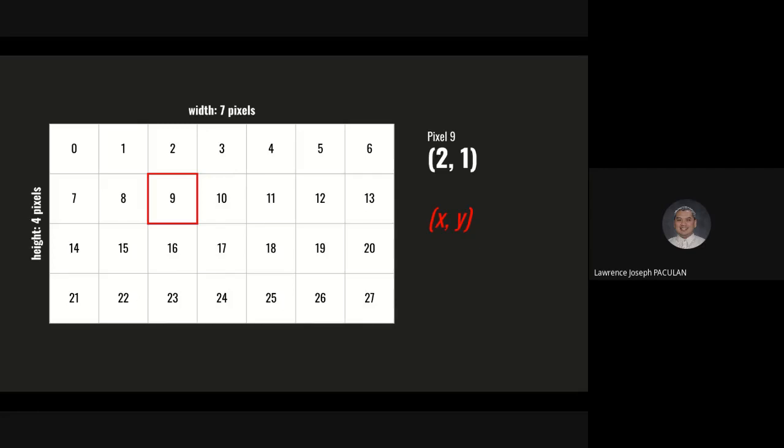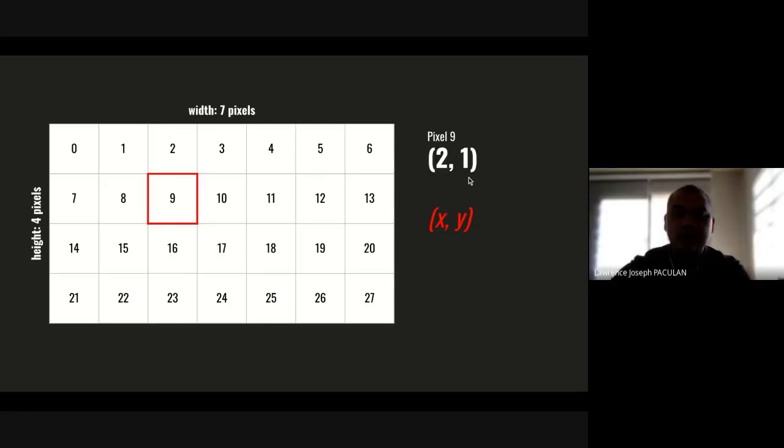And then 1, because this is row 0 and this is row 1. Think of it as columns and rows. 0, 1, 2, therefore x is 2. And then 0, 1, so y is 1. So pixel 9 is located at the coordinates 2, 1.